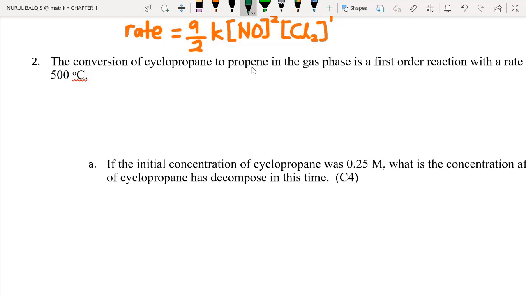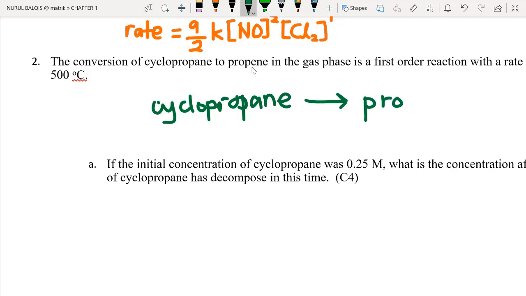So we know that our reaction is going to start with cyclopropane, to become propene. Both are hydrocarbons with 3 carbons.